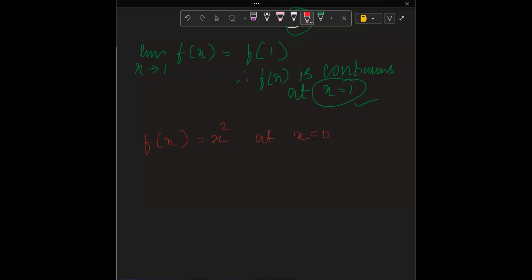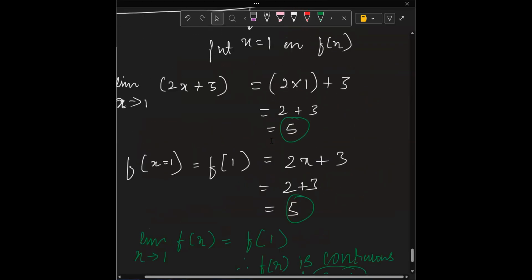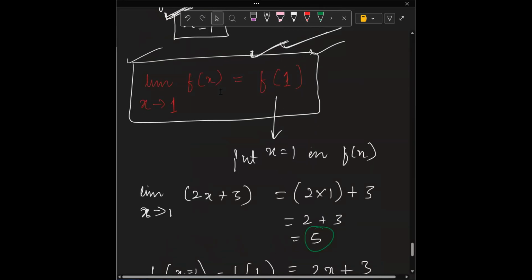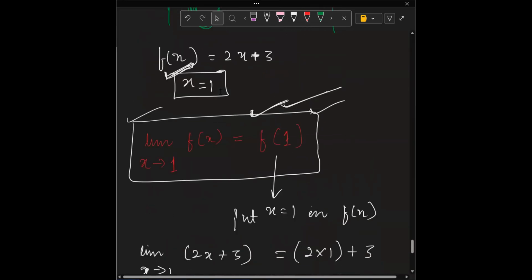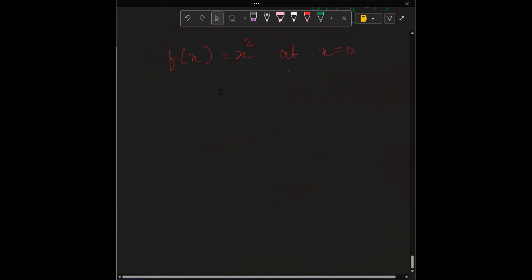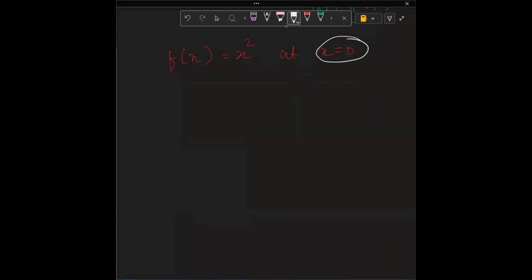What I told you, what is necessary for being continuous? What does this condition tell you? I told you that you have to check continuity at x equals 0.